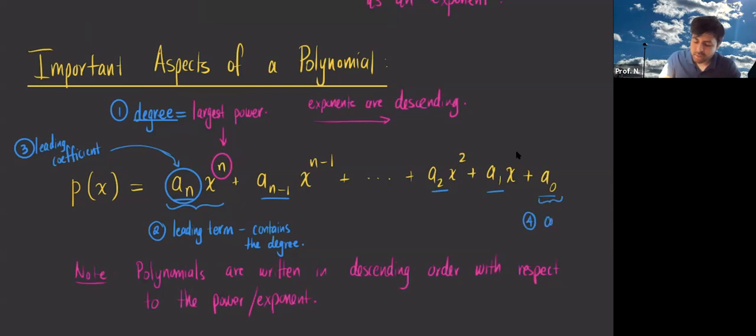This is known as our constant term. This is the number that is not paired with any variable. So that's pretty much what we like to highlight when we have a given polynomial. We should be able to spot the degree, from there understand the leading term and then the leading coefficient, and also look at the constant term. We like to note what these values are at a glance of the polynomial. Okay?